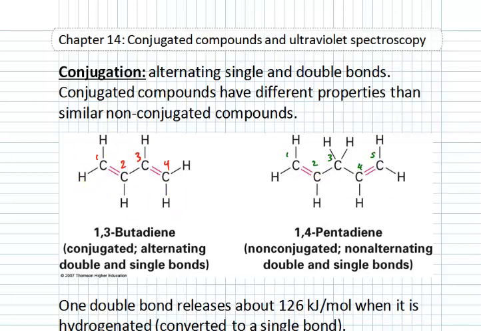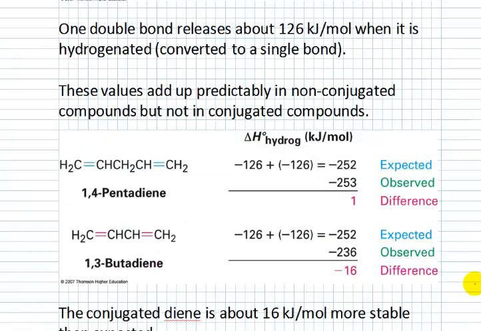with this non-conjugated diene. One way that properties of conjugated compounds can be measured, I suppose, is by measuring the heat given off, essentially using a calorimeter or something like that, when a compound is hydrogenated. So hydrogenation is just simple conversion of a double bond to a single bond with hydrogen and some catalyst like palladium, for instance.